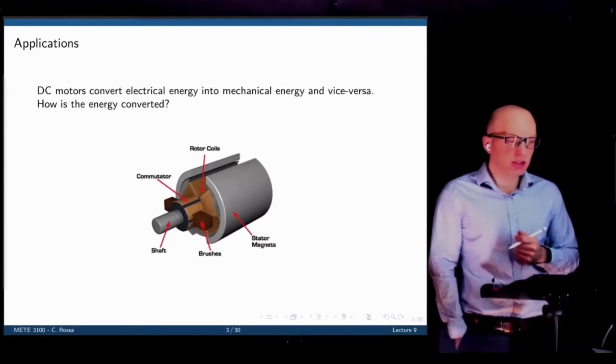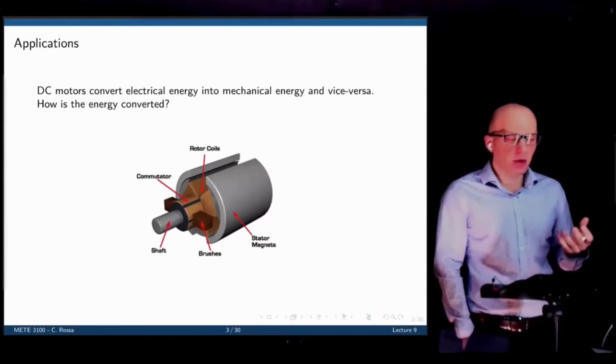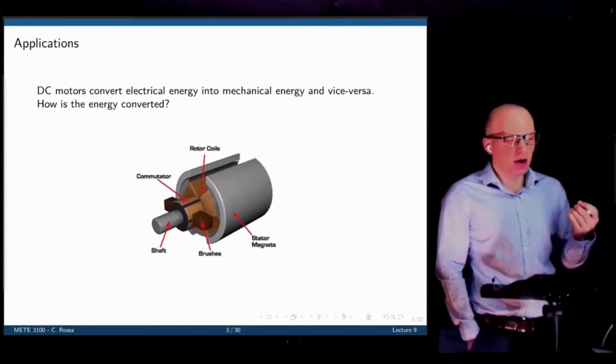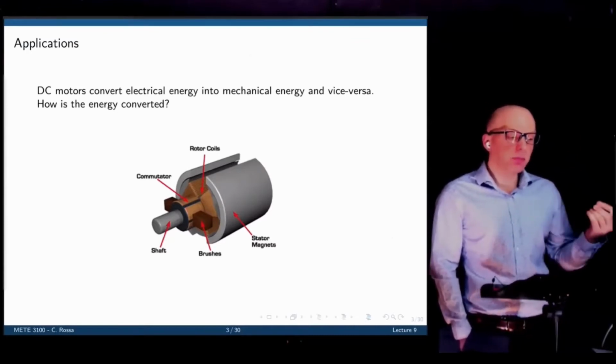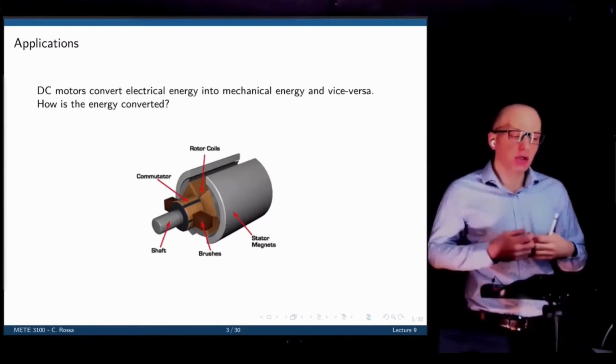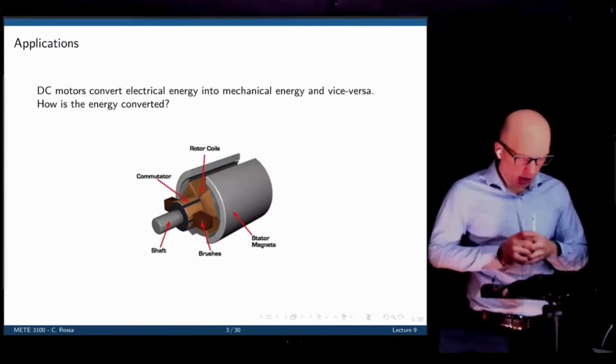Here is one example of an electric machine. This is a DC motor. The DC motor converts electrical into mechanical energy and vice versa. And the question that we can ask here is, how is that happening? What is the coupling between the mechanical and the electrical side? It's the field energy, the magnetic energy, and how is that conversion happening?